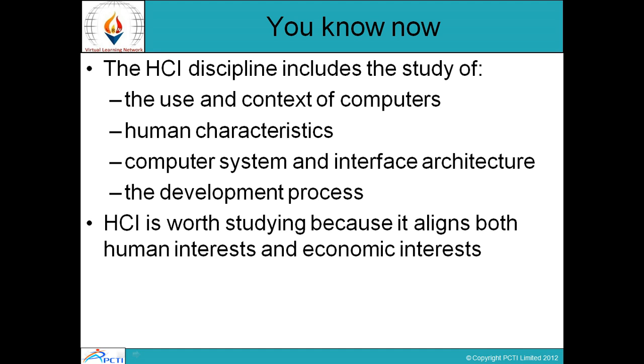Apart from this, human computer interface includes the study of the use and the context of computer, human characteristics, computer system and its interface architecture, the development process. Human computer interface is worth studying because it aligns both human interest and economical interest.